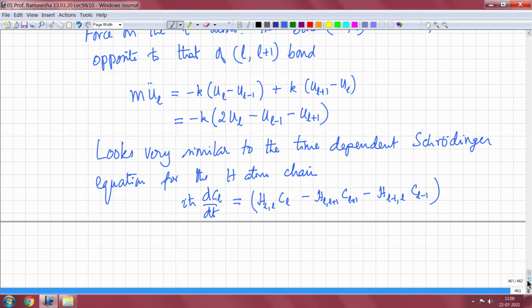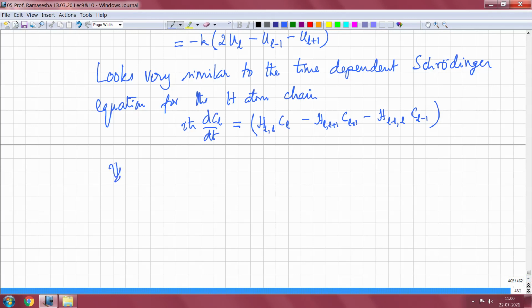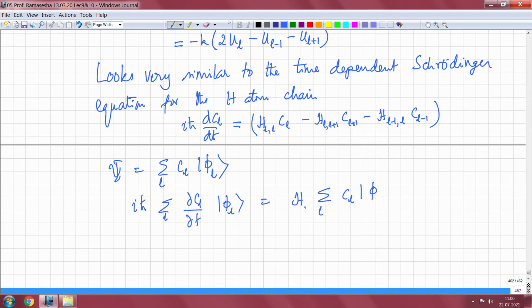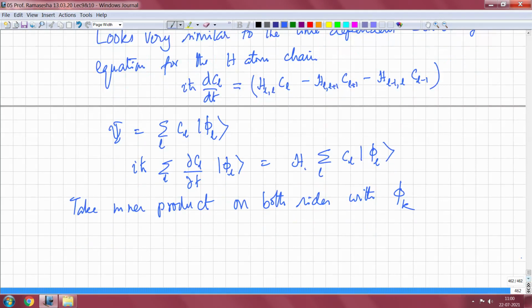I think you just have to express psi as sigma over L Cl phi L and then plug it into i h cross sigma over L dCl by dt phi L is equal to H operating upon sigma over L Cl phi L, then take inner product on both sides with say phi k, then you will get automatically the equation above with L being replaced by k.